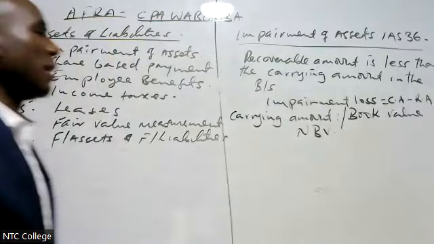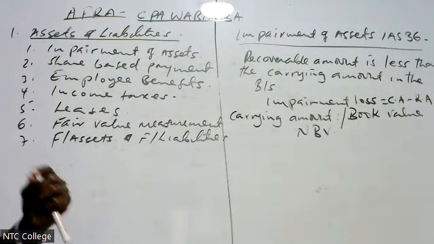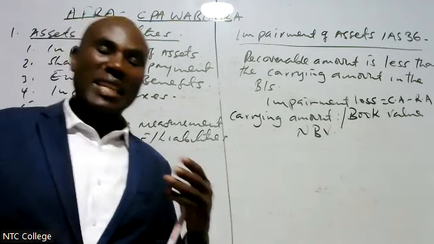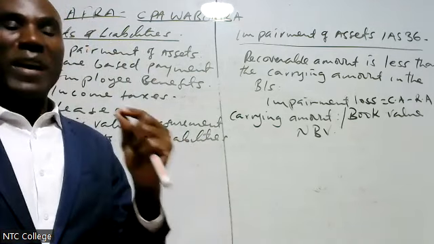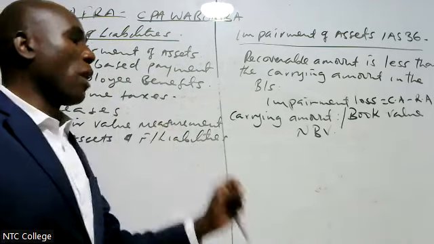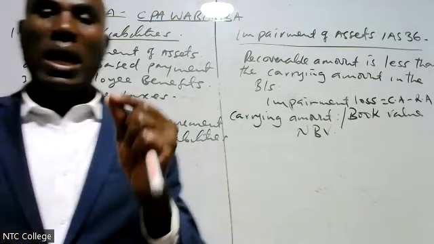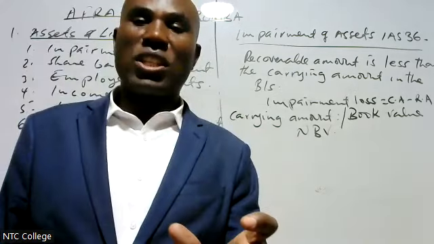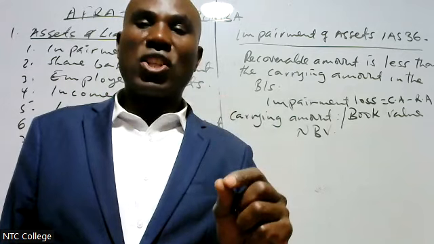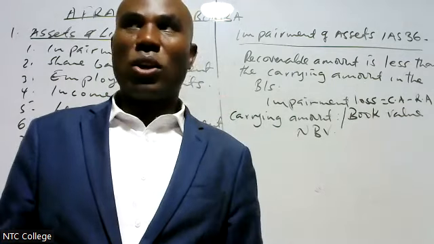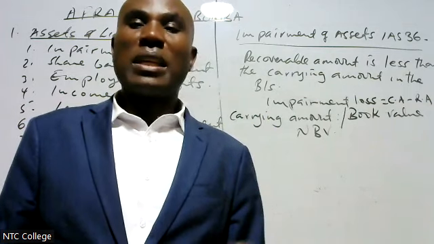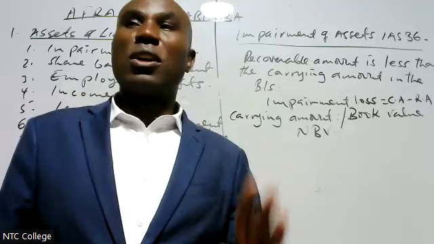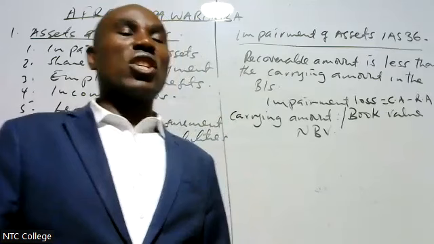But in the definition, the carrying amount or book value is the amount of an asset or liability reported in the balance sheet at the end of the period, at the end of the year.